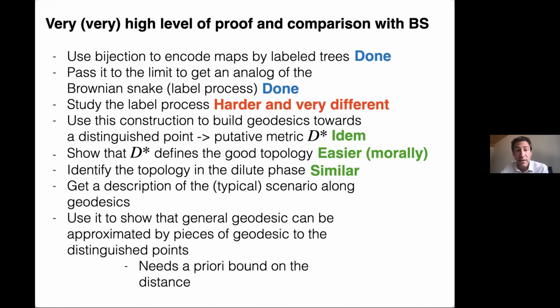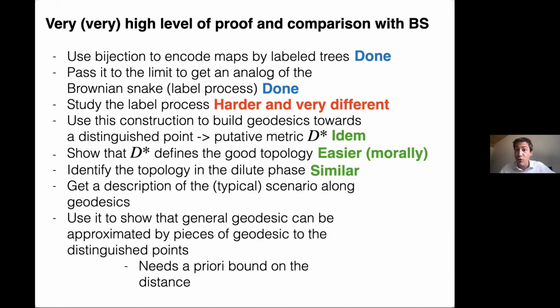Then we will identify the topology in the dilute phase. As I said, it's the Sierpinski carpet. This uses the same topological argument. Now we are at the level of 2008 for the Brownian sphere.